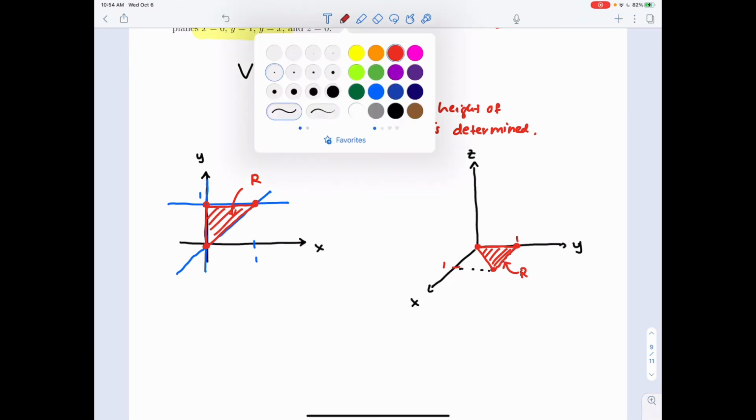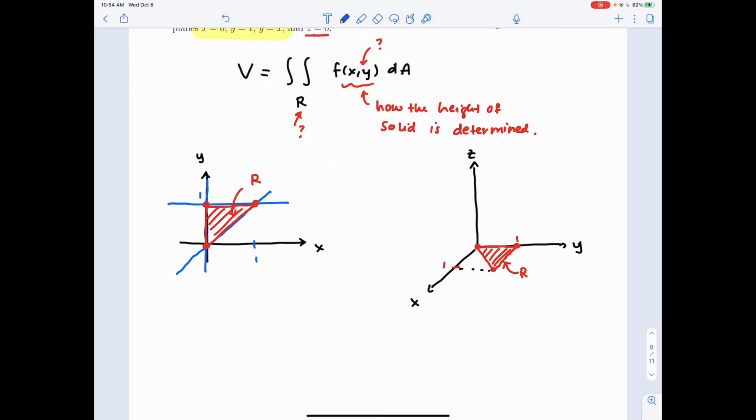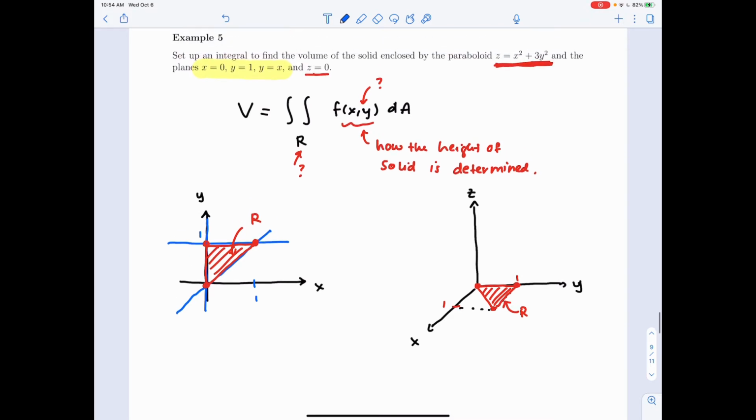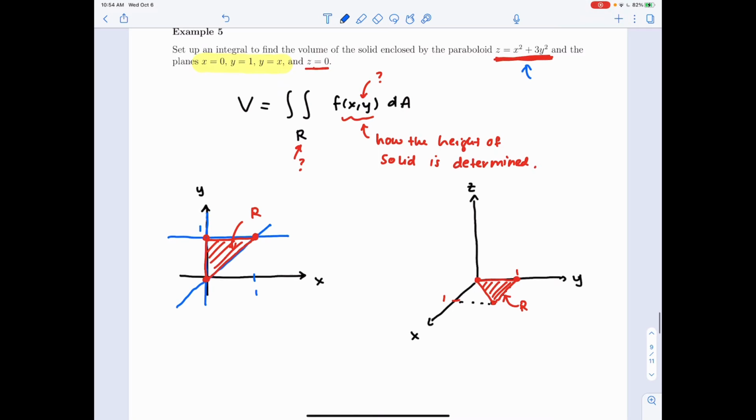Now I need to trap the volume that sits between this region and the paraboloid. And so I need to get a graph of my paraboloid on here. And this is a paraboloid that's opening in the positive z direction with its vertex here at the origin. The fact that there's a 3 in front of the y is just letting me know that it's changing the skew of my paraboloid, rather than having cross sections at different z values look like perfect circles.